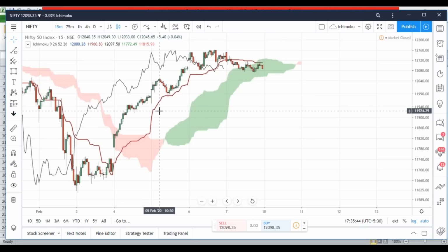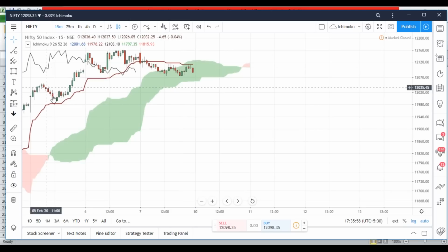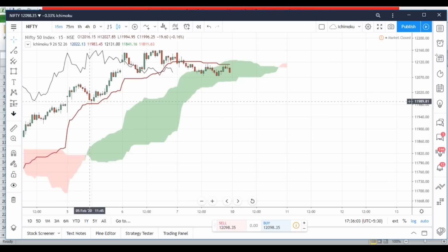Or the same way you can use a Kijun-sen pullback in the smaller time frame. Here we already know in the longer hourly time frame Nifty is in a bullish trend. Then wait for a pullback to Kijun in the smaller time frame and use this opportunity to go long. One could have gone long at this location.